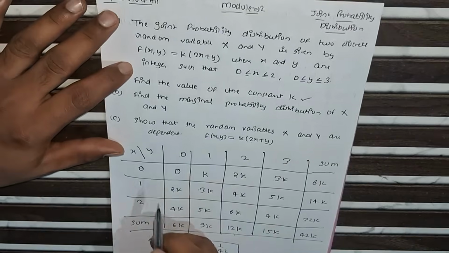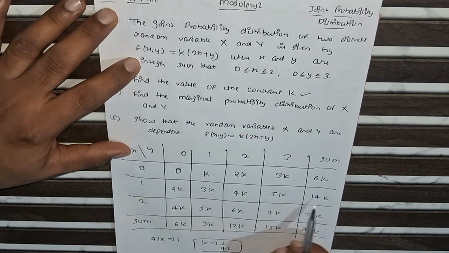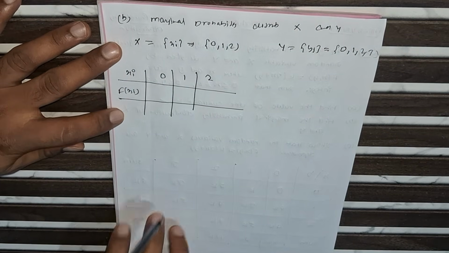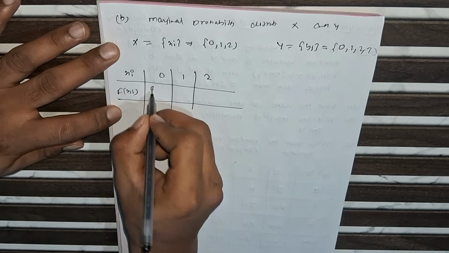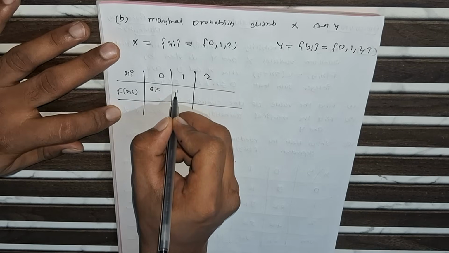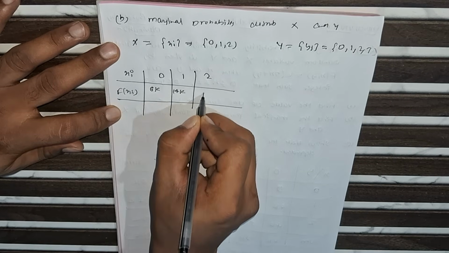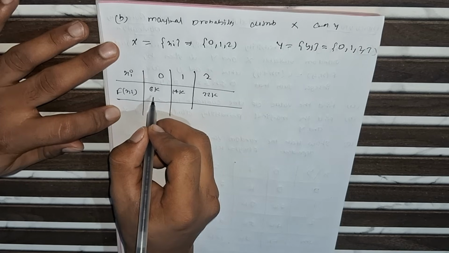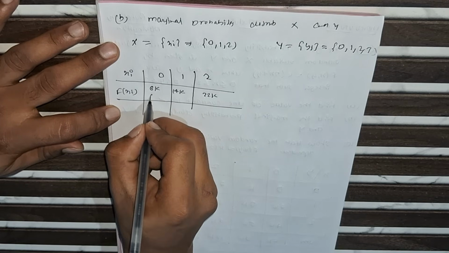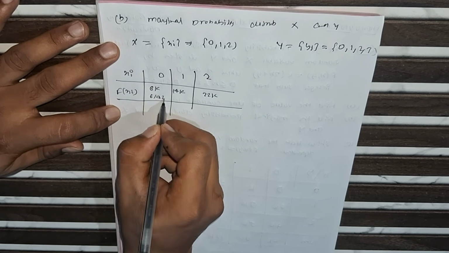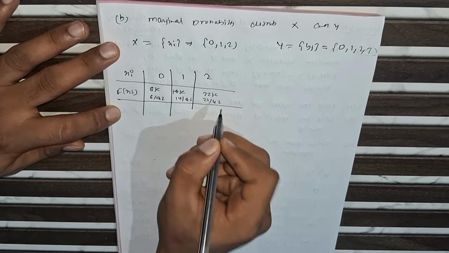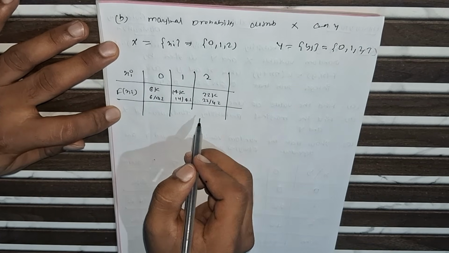This is equal to 6k, at 1 it is 14k, at 2 it is 22k. We already know that the value of k is 1 by 42. So this is 6 by 42, 14 by 42, and 22 by 42. So these are the marginal distribution of x.